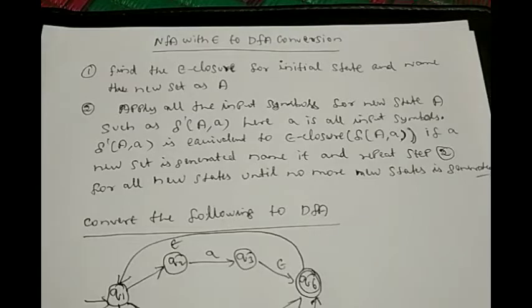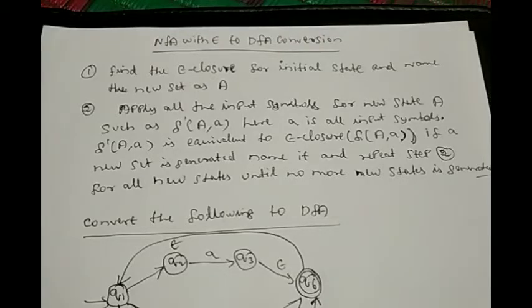Delta dash is equivalent to the epsilon closure of the transition states when a particular input is applied on A. As a result, if a new state is generated, you have to repeat the process, that means all the input symbols have to be applied on the new state again. This process continues until no new states are generated. That is the idea behind NFA to DFA conversion.